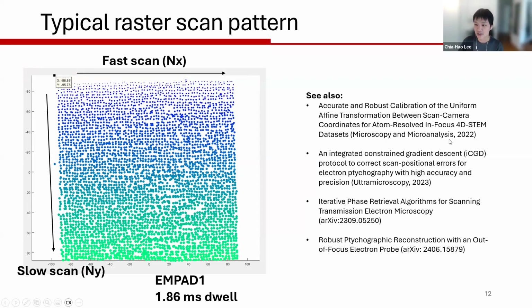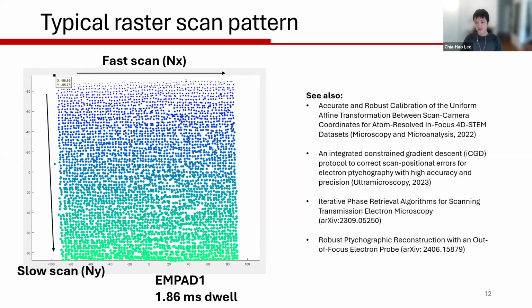And like I mentioned, there is a good line of research, mostly coming from Professor Shu-Sung Ning right now, talking about how you actually correct or calibrate to find these scan affine transformation matrices from prior work. Also, for example, a global scan rotation that I didn't get to mention previously: some microscopes have their scan generator or detector mounted with a scan rotation in between, and you will have to correct that when you run ptychographic reconstruction.